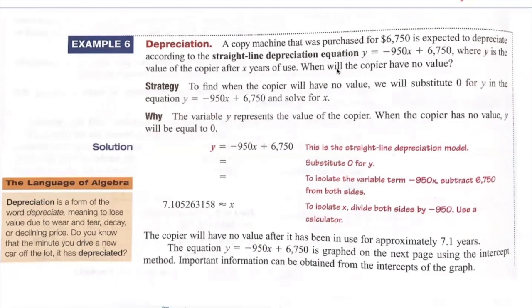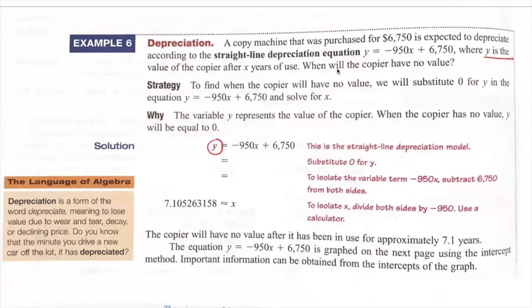So the strategy here, to find when the copier has no value, is to substitute 0 for Y in this equation. Remember, the Y over here stands for the value of the copier. So when it has no value, that means Y is equal to 0.